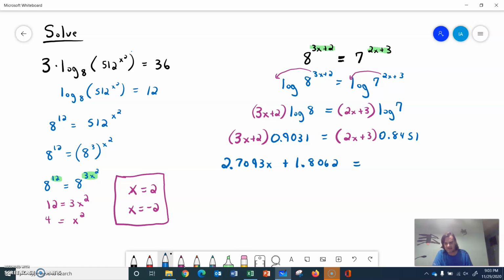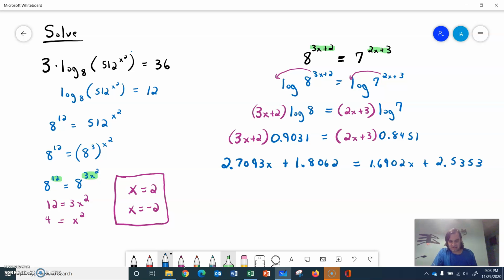On the right-hand side, 2x plus 3 distributed throughout by the 0.8451 gives me 1.6902x plus 2.5353.